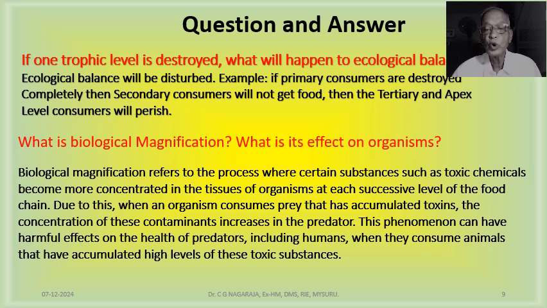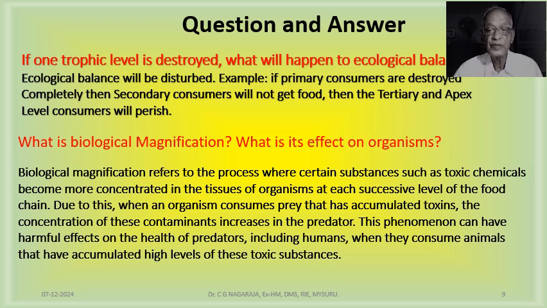If one trophic level is destroyed, what will happen to ecological balance? Ecological balance will be destroyed if one trophic level is destroyed. Example, if primary consumers are destroyed completely, then the secondary consumers will not get any food, and therefore they will die.